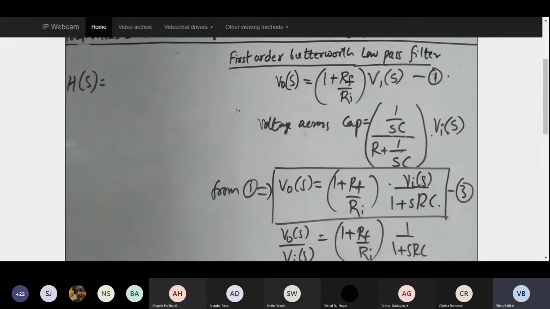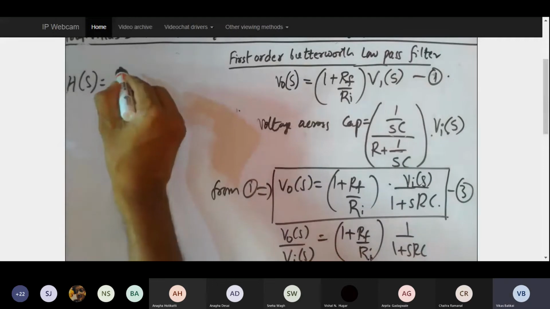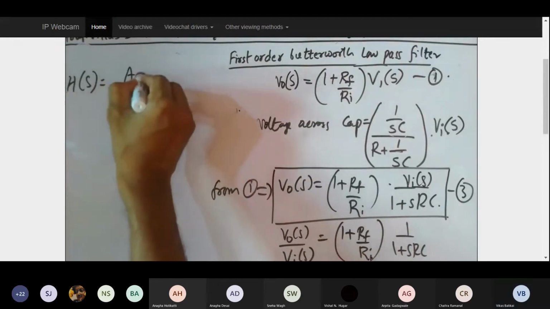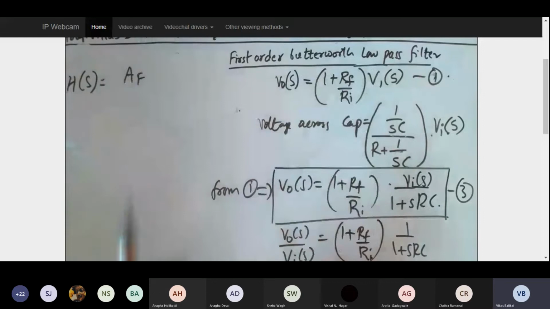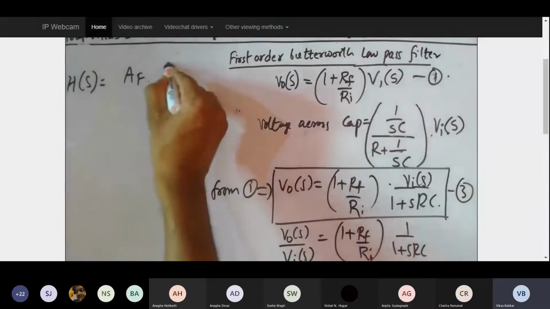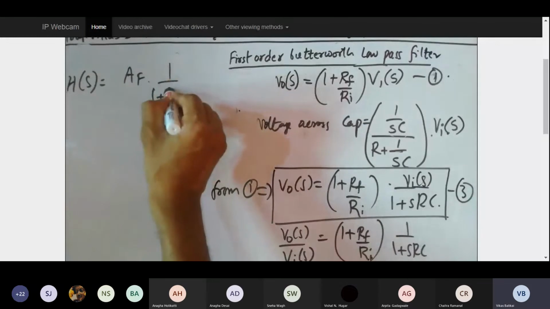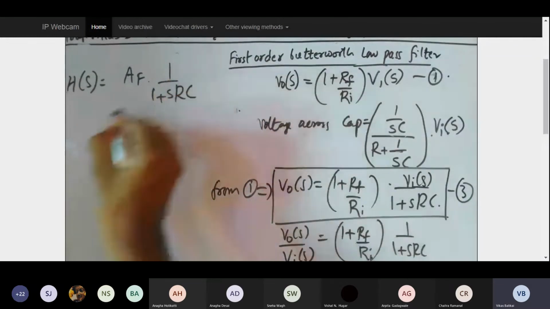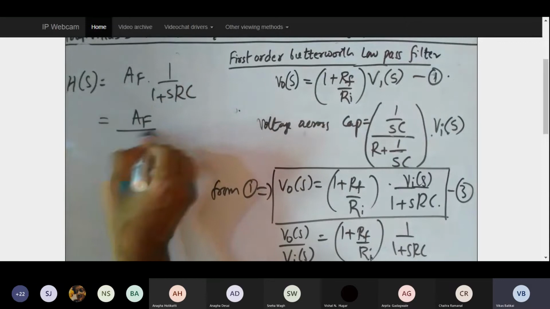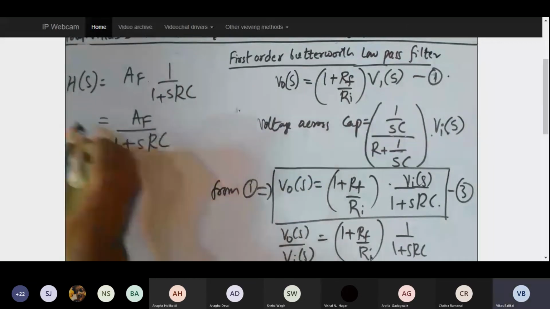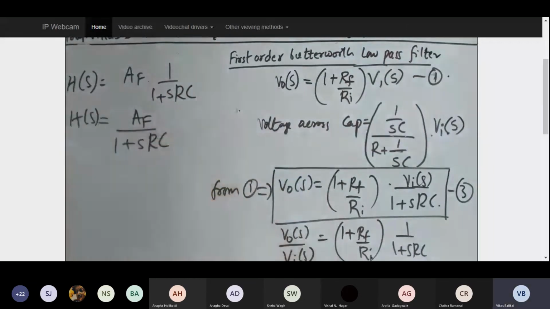That is also called gain, but since I am working with a filter, I am going to call it a transfer function rather than gain. And 1 plus RF by RI is nothing but the gain of the non-inverting amplifier, represented by AF. The entire term is AF multiplied by 1 divided by 1 plus SRC. This can be given by AF divided by 1 plus SRC. This is what I'm going to get.